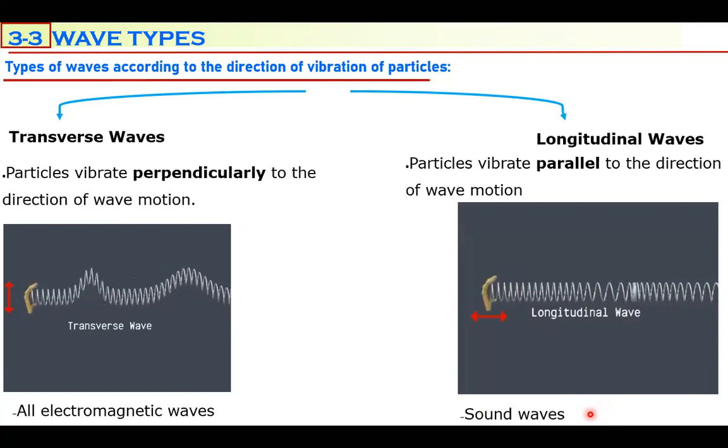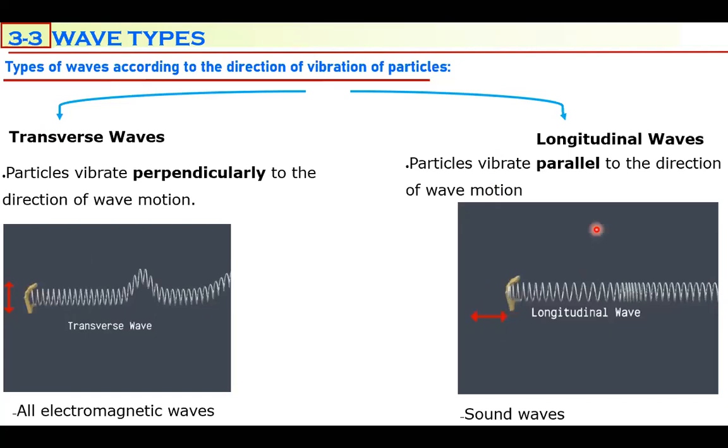So according to direction of vibration and direction of motion, we classify waves into two groups: transverse waves, if the direction of vibration is perpendicular to direction of motion, and longitudinal waves, if direction of vibration and wave motion are parallel.